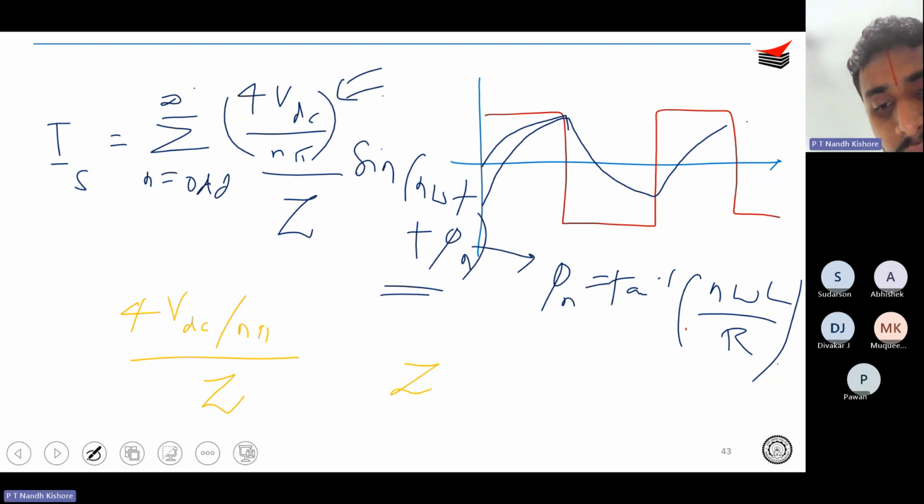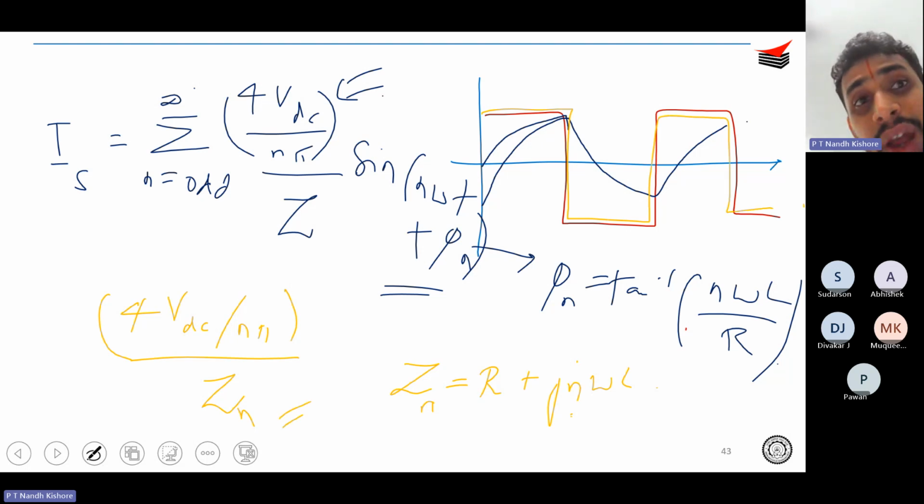So what is your Z over here? Z is basically R plus j omega L, into n: R plus j n omega L, where n is the harmonic number. So this is your Z, or we call it Zn. So if you have 4 VDC by n pi, which is typical of the square wave, and then you divide it by the equivalent impedance at that harmonic frequency, you will get the current amplitude.